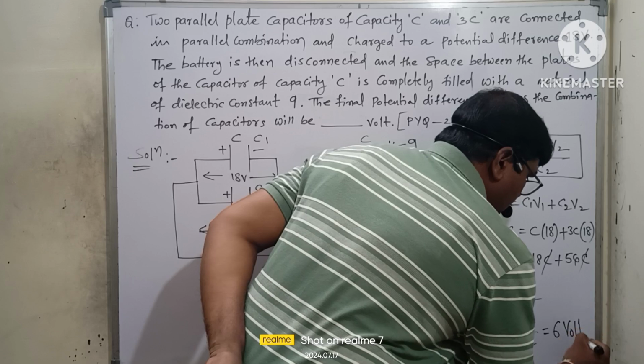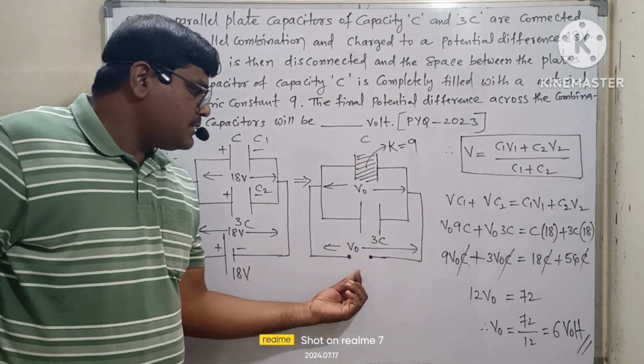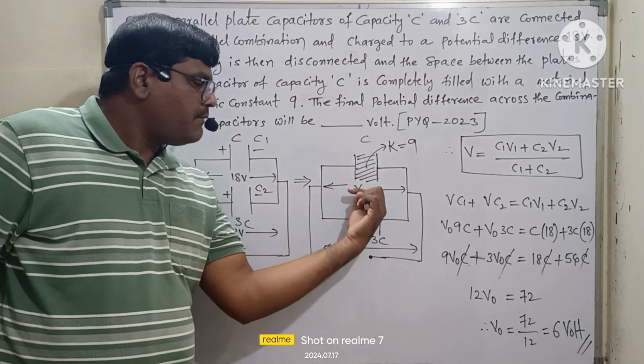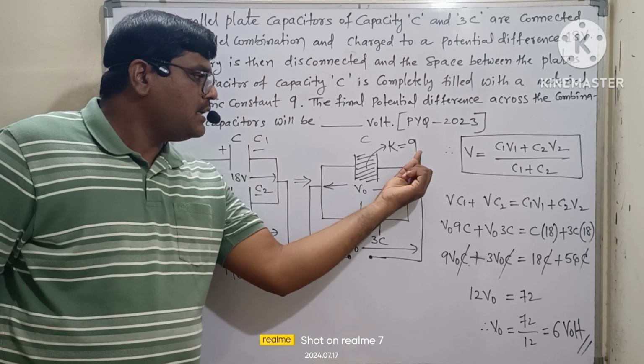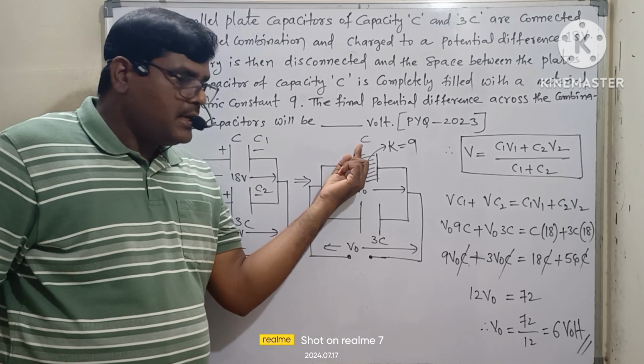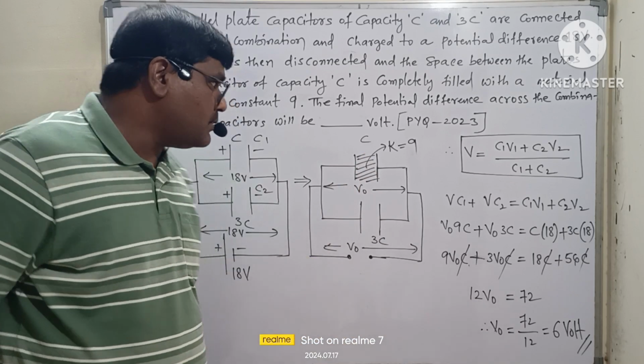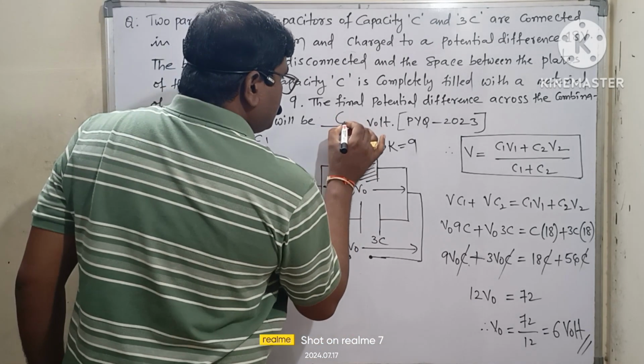The answer is 6 volts. So when the battery is disconnected and a dielectric of constant 9 is placed between the plates of the first capacitor, the common potential becomes 6 volts.